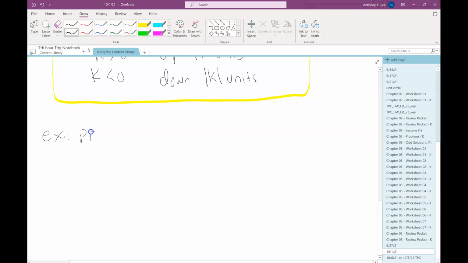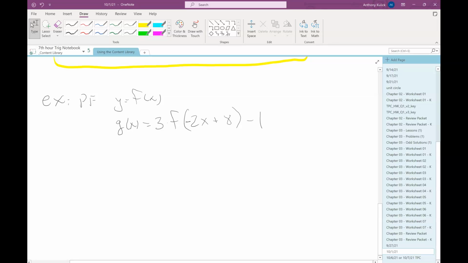So let's say our parent function is just f of x. And let's say our transformation is 3 times f of negative 2x plus 8, minus 1.